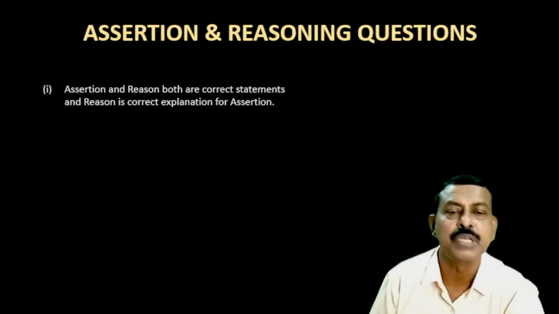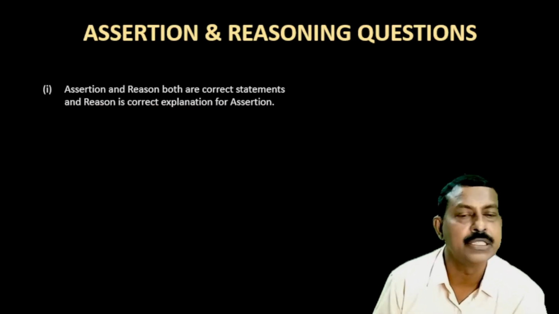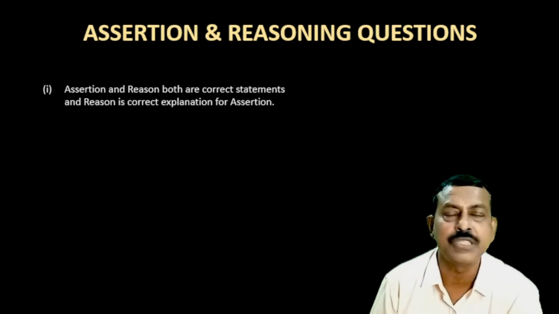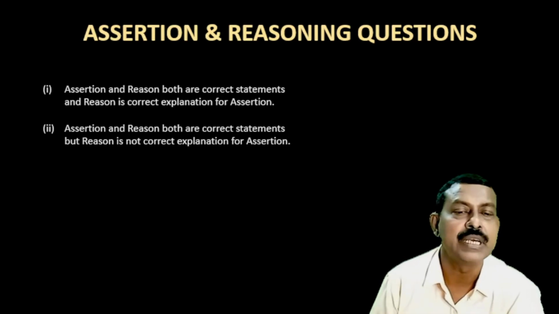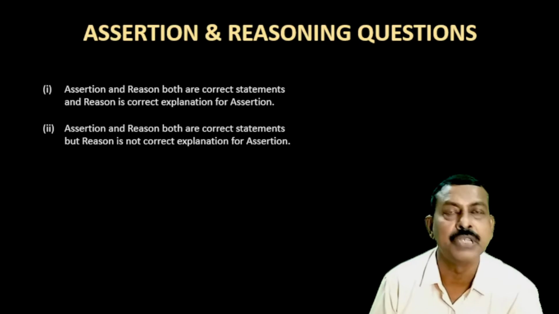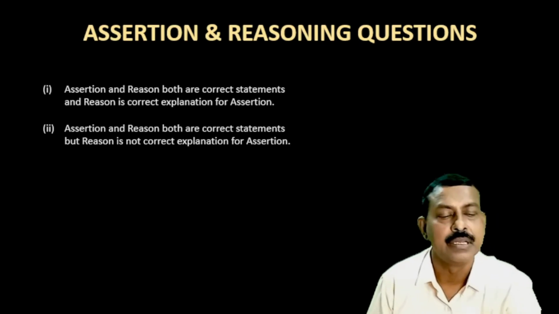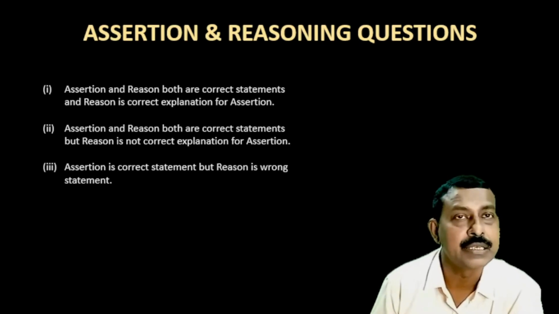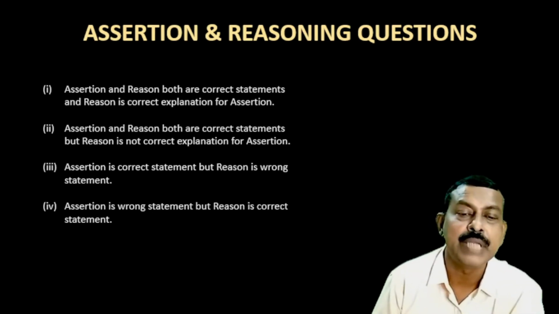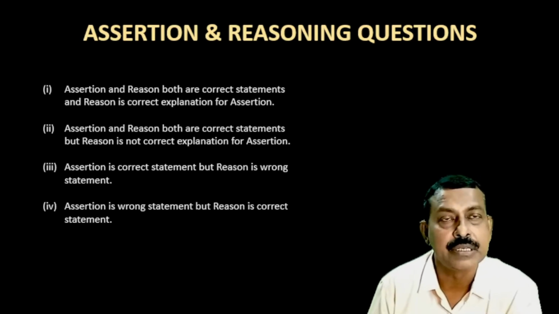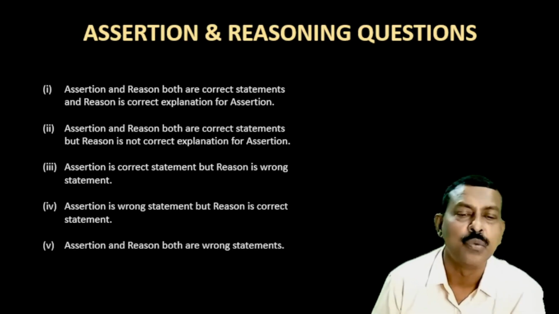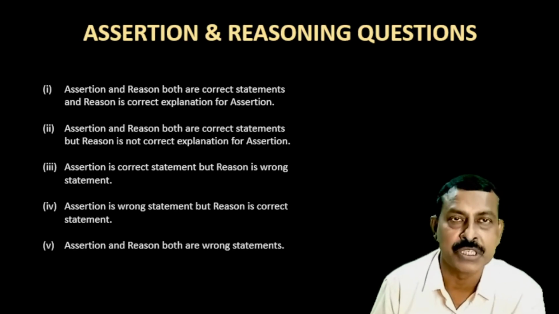The first option is, suppose, assertion and reason both are correct statements and reason is the correct explanation for the assertion. The second option is, assertion and reason both are correct statements but reason is not the correct explanation for the assertion. The third one is, assertion is correct but reason is wrong. The fourth one may be that assertion is a wrong statement and reason is the correct statement. The fifth also we get, where assertion and reason both are wrong statements.